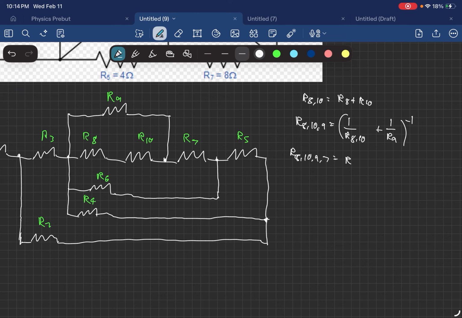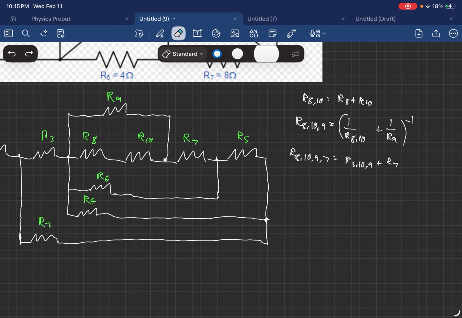Okay, R8,10,9 plus R7. So now we have this whole thing. This whole thing is now in parallel to R6. So let's do that.